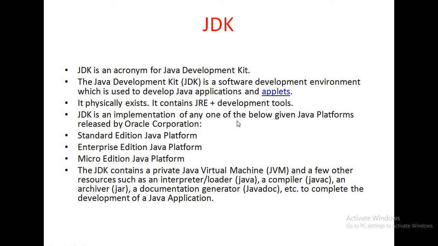JDK is an implementation of any one of the given Java platforms: Standard Edition, Enterprise Edition, or Micro Edition of the Java platform. The JDK contains a private Java virtual machine and a few other resources such as an interpreter or loader, compiler, archiver, documentation generator, etc., to complete the development of a Java application.